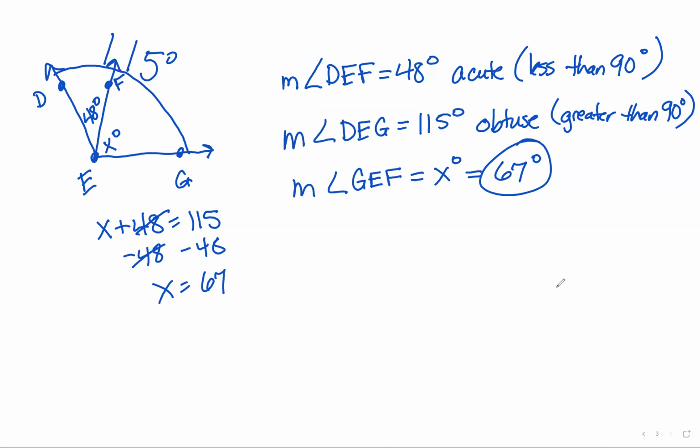And then again, if we have a right angle, we would mark it with a little box. This means 90 degrees. So this is a right angle. That is an angle that measures exactly 90 degrees. All right, continuing on.